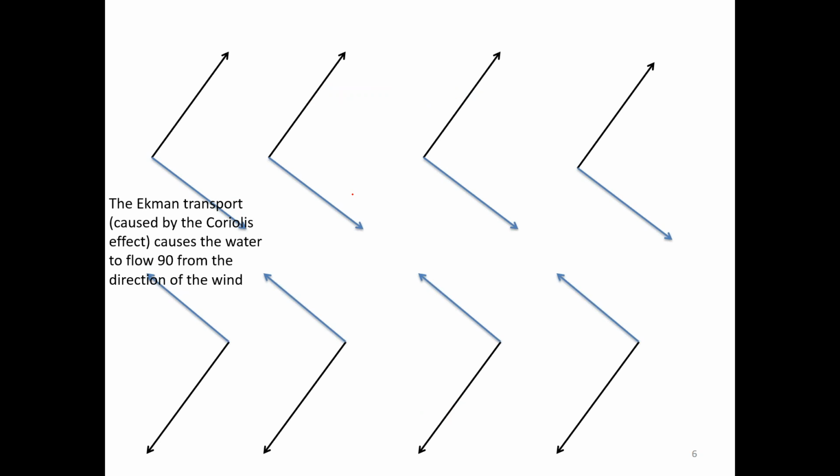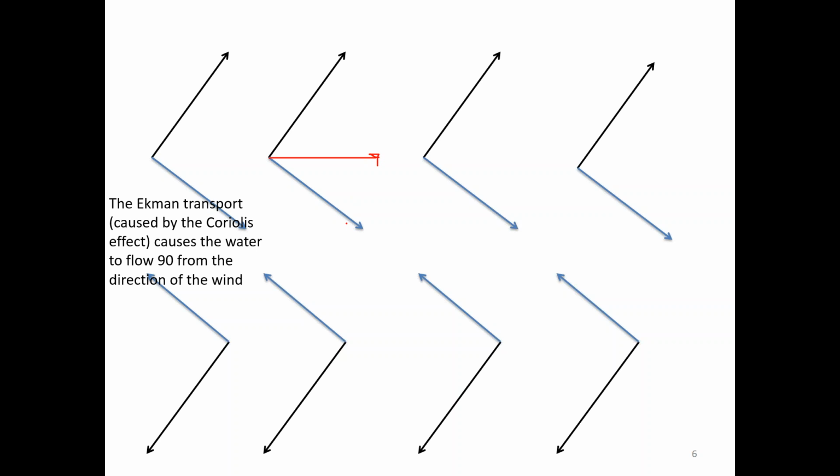The net movement of water is perpendicular to the wind and to the right, because we're assuming this is the northern hemisphere. So the Ekman transport, which is caused by the Coriolis effect, causes water to flow 90 degrees from the direction of the wind. Okay? Well, what you can see here is some of this water is flowing this way.